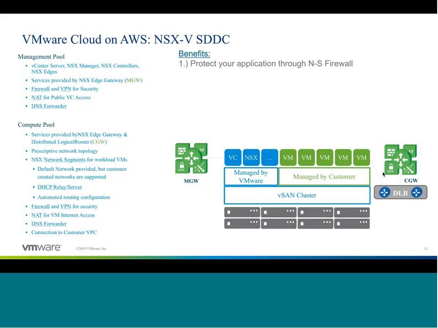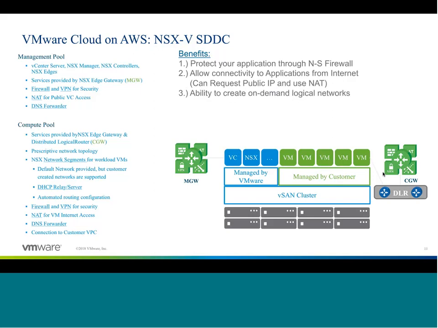Now, with this release, there are a lot of benefits already, right? You get protection for your application through the north-south firewall, and you can allow connectivity to the application from the internet. For example, you can request a public IP and use that to give access to your workloads sitting in the VMware Cloud on AWS SDDC from the internet. And you have the ability to create on-demand logical networks, right?